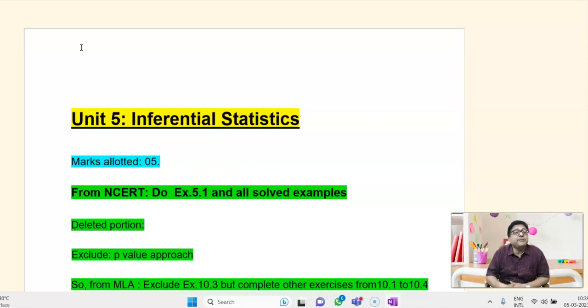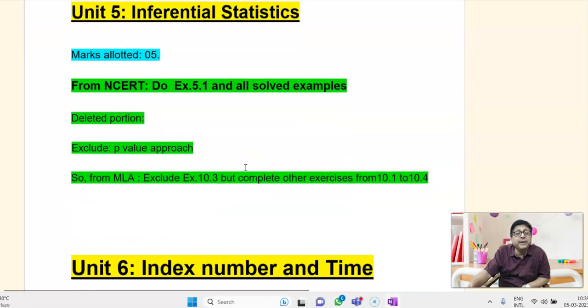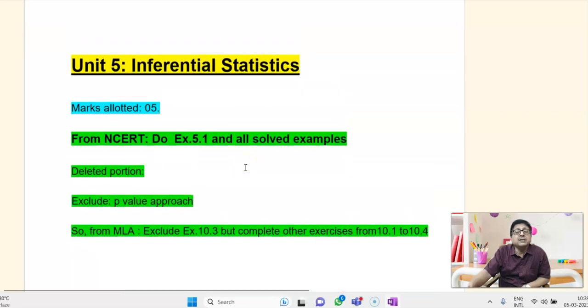Questions not expected from point estimation or interval estimation, but you tell me one thing, without point or interval estimation, is it possible to complete inferential statistics? Confidence interval you need to know, because statistical inference is a very important topic. So you must know how to frame the confidence interval.